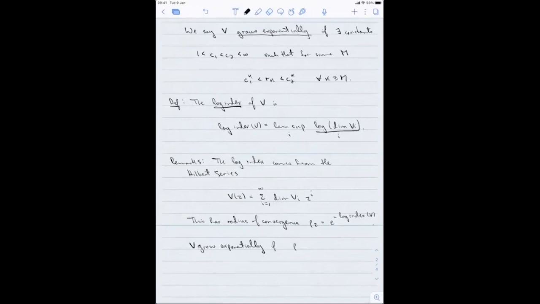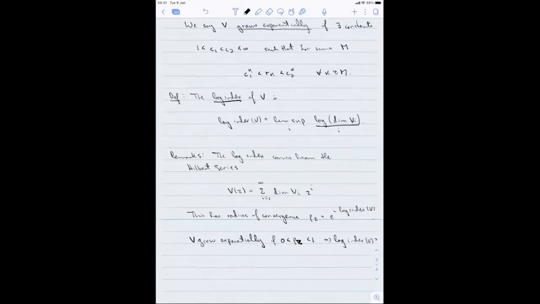If this radius of convergence is between 0 and 1, that implies that this log index is bigger than 0.